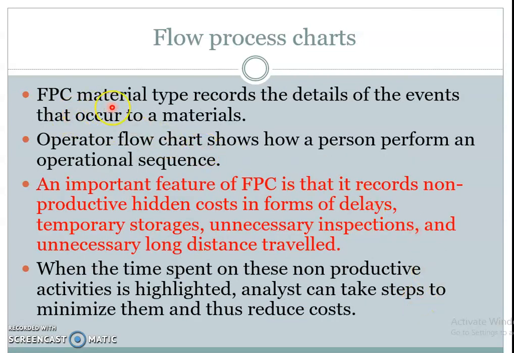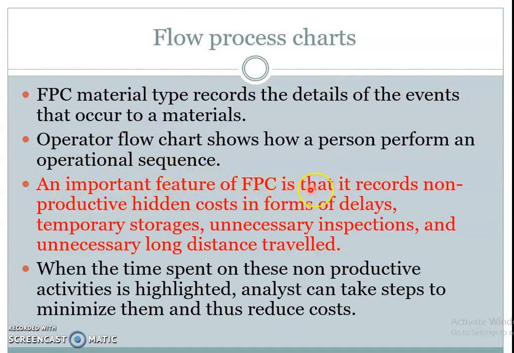Flow process charts are sometimes called FPCs. The FPC material type records the details of the events that occur on the materials, whereas the operator flowchart shows how a person performs an operational sequence. As per the subject, whether material type or man type, these charts are used to record the details.